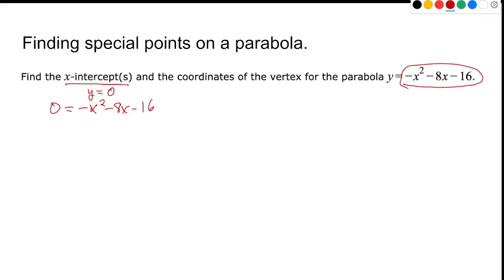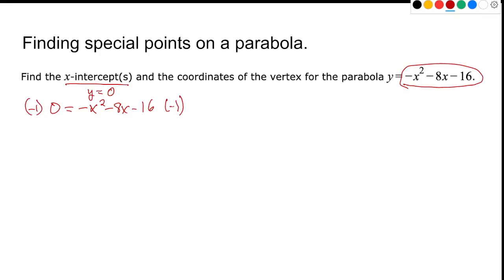Now sometimes this will factor, sometimes it's a little harder. One thing we can do to make it easier, because these negatives may throw us off, is multiply both sides by -1. Because I think we'll get this to factor.